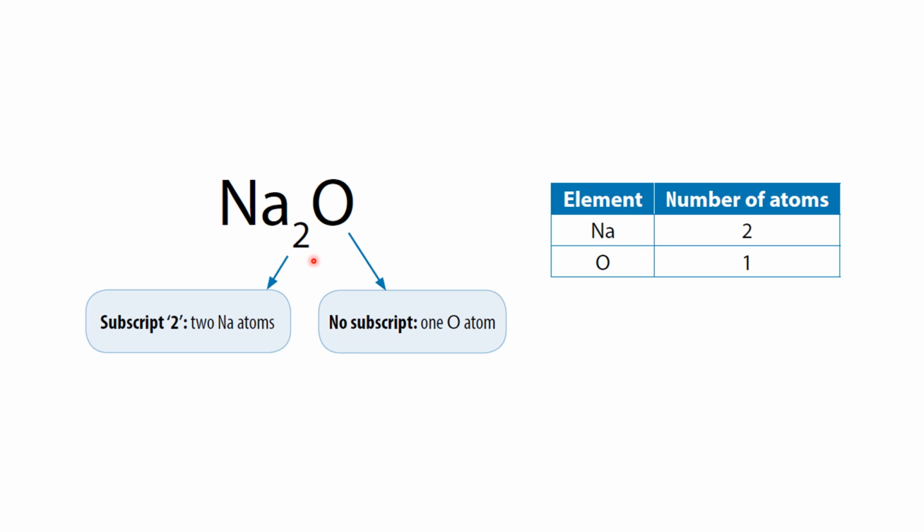The subscript 2 shows there are 2 atoms of sodium. For oxygen, there is no subscript. Remember, when there is a subscript 1 in a formula, you do not show it. Thus, no subscript means 1 atom of oxygen.